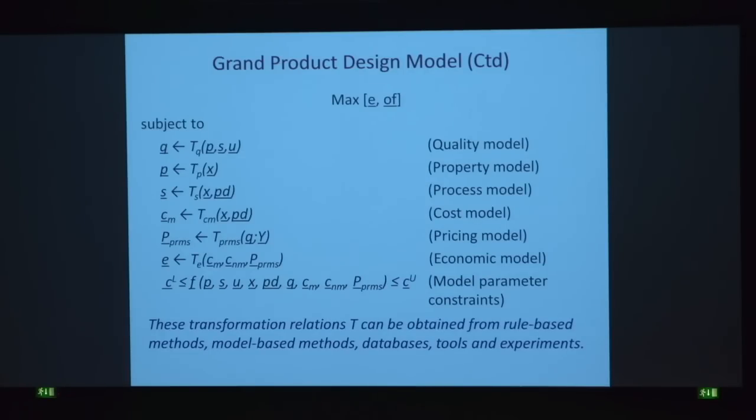So in a way, I don't know how to do it, but it's a combination of decision-making, computation, and experiments to execute this grand product design model. For me, since I work with many companies working on real products, that is the way we design the product in short time, and that can make money for the company.